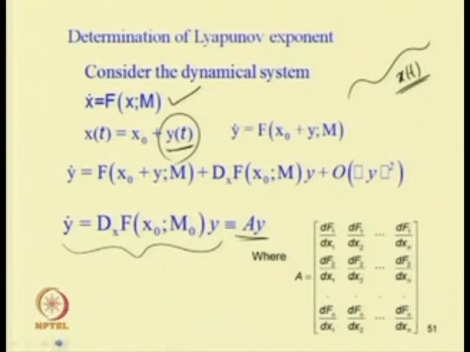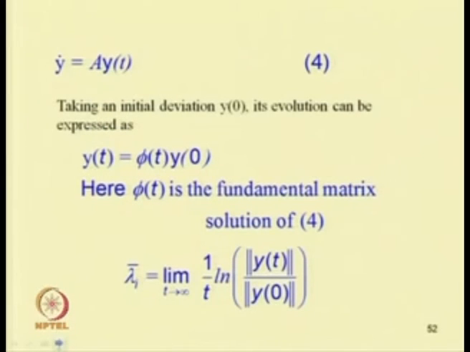After finding this equation y dot equal to A y, where A is the Jacobian matrix, taking some initial condition y 0, its evolution can be expressed in this form: y t equal to phi t into y 0.